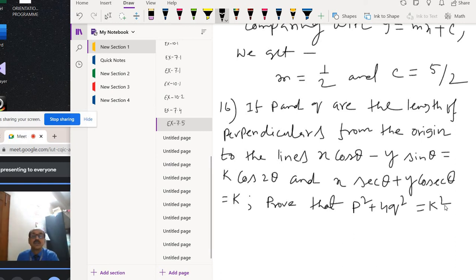Okay, so use the perpendicular distance formula, and the point is 0 0, the origin. Two lines are given, so point and line.